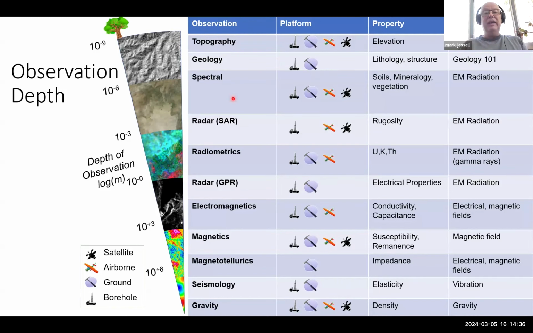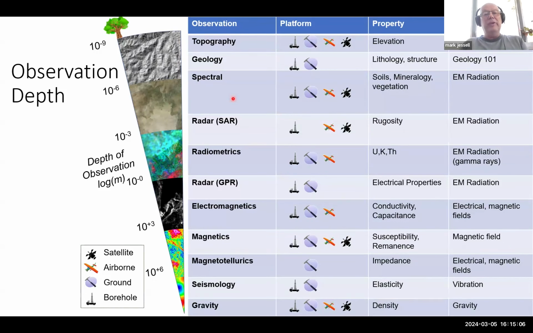But as you can see in this table and in the wedge of the Earth on the left-hand side, as we go down through the Earth from the surface where the tree is, and this is a log scale, so be aware of that, there are many different types of methods that we can use that can look at the surface, the near subsurface, the top 100 meters, the top kilometer, the top 50, 60 kilometers, and all the way down to the center of the Earth.